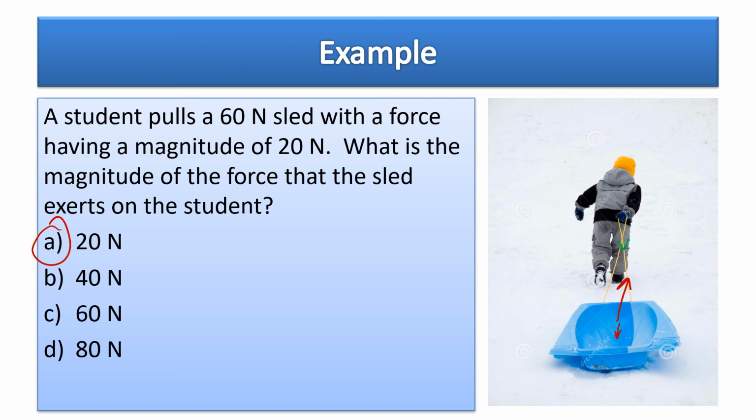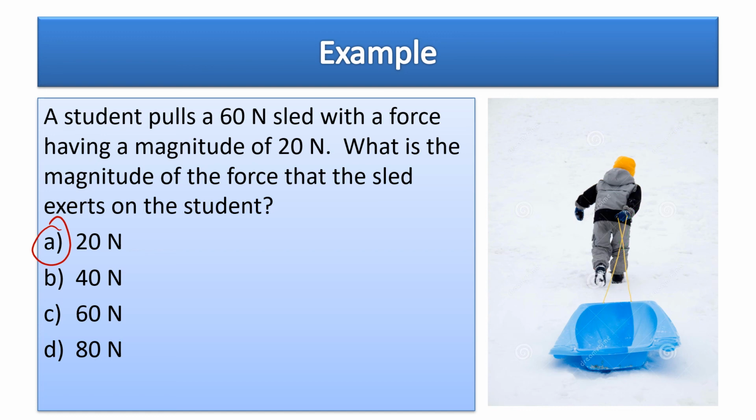All right, it's the same magnitude as this force over here, but they're also pushing themselves forward. There's traction between their feet and the ground. So overall, they get to accelerate forward, and so does the sled. So that's, again, just explaining how they don't cancel each other out.